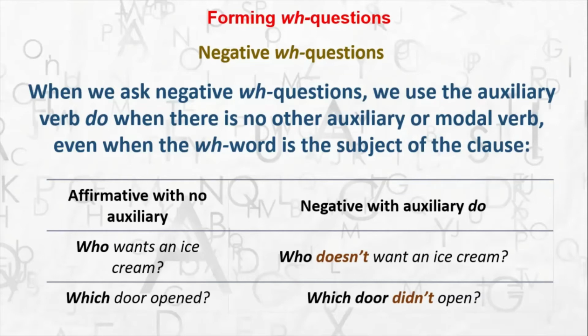Alright, which door opened? Which door didn't open? Okay, so again we have to make use of the verb do in its negative form. Alright children, so this is about how WH questions are formed.